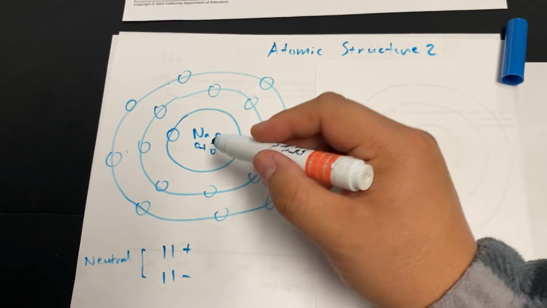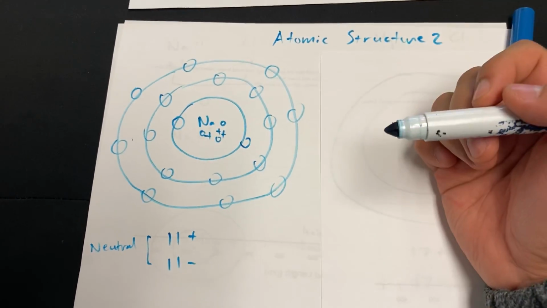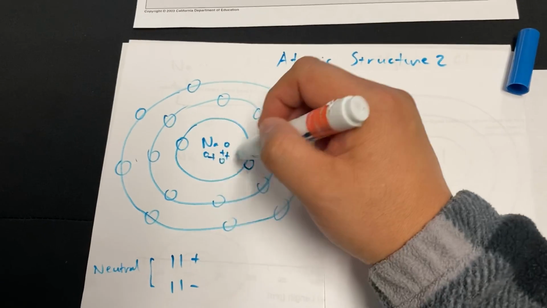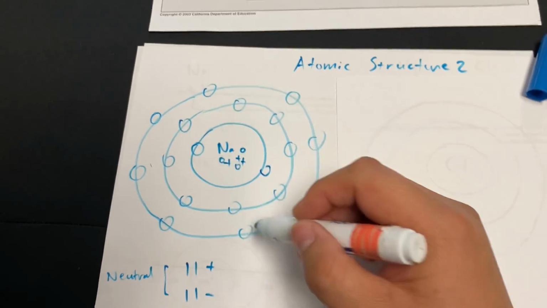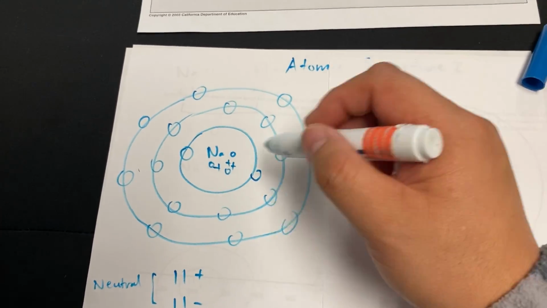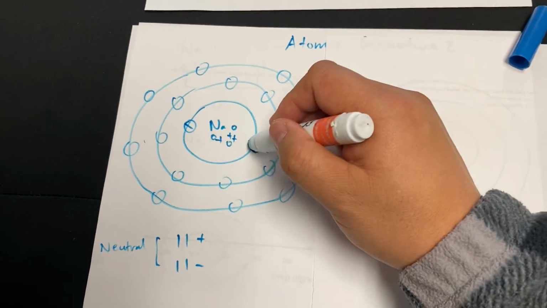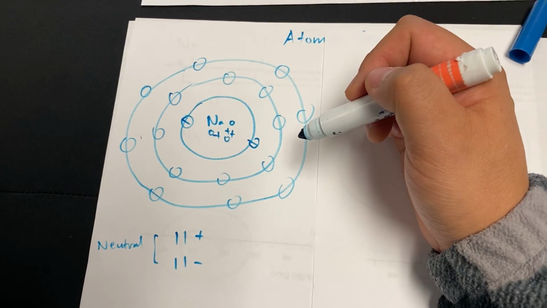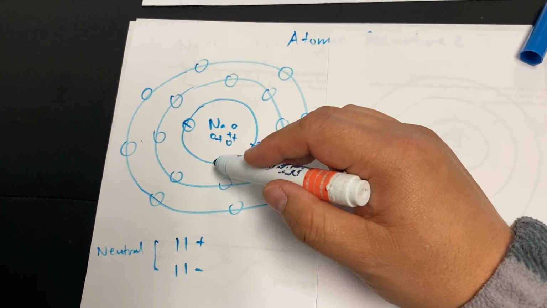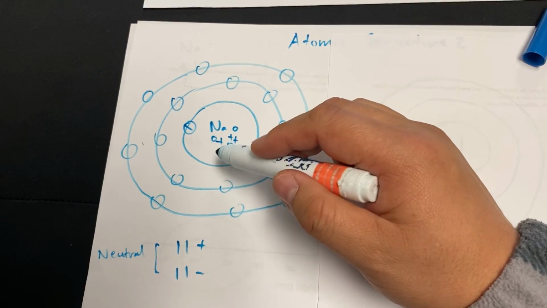In sodium's case, remember it's got 11 electrons. Now electrons always fill from the inside outward. You never start on the outer rings. You start from the inner rings. And so the first electron is going to exist over here and over here. That's 2. The third electron would not be able to occupy the first ring anymore because there's no more space.